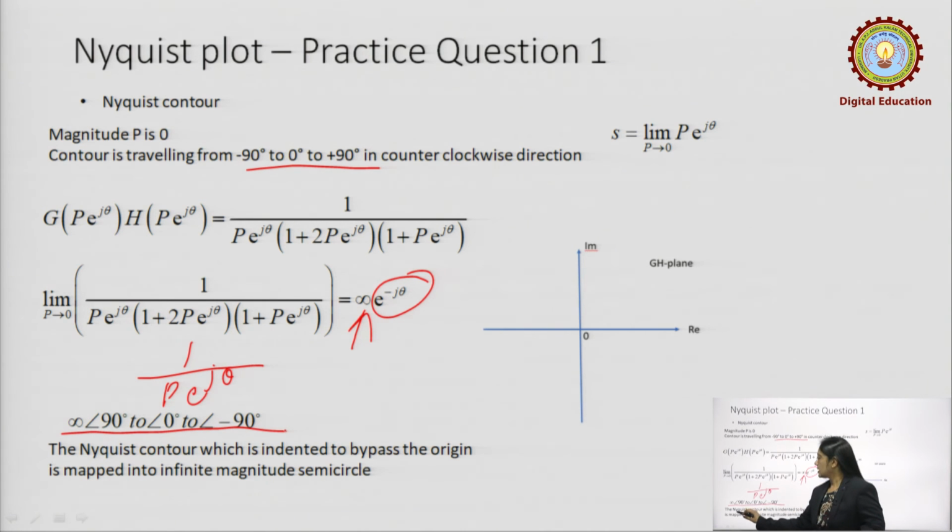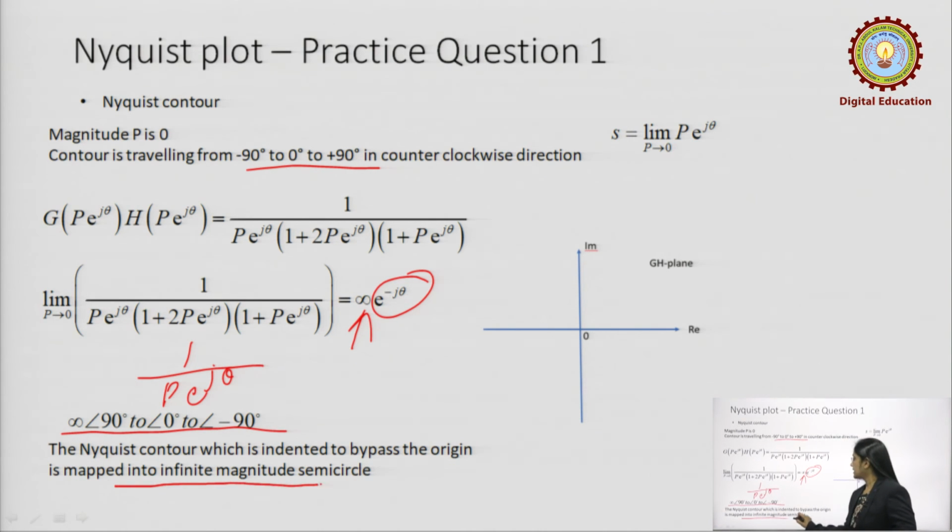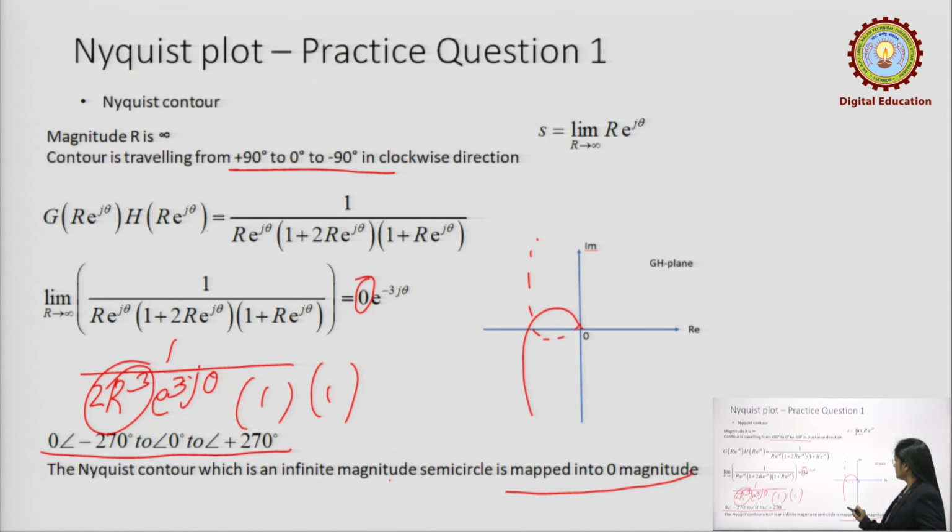That means, how do we map this? The Nyquist contour, which is indented to bypass the origin, is mapped into an infinite magnitude semicircle, that is from plus 90 to minus 90. So, this is the minus 90 degree and this is plus 90 degree.